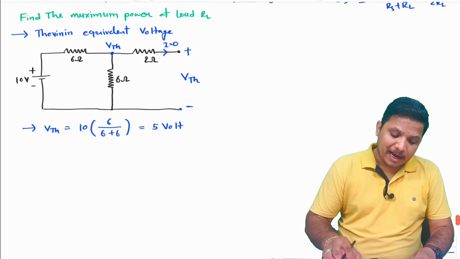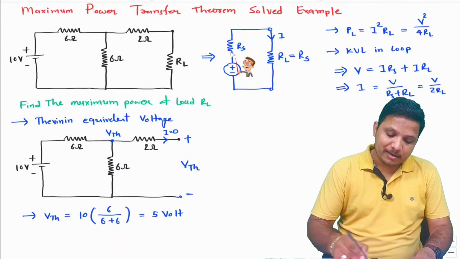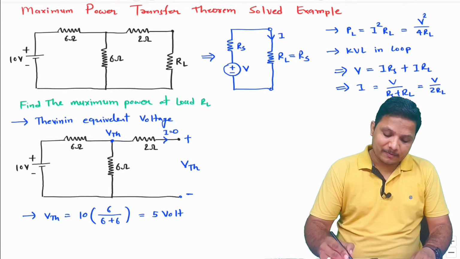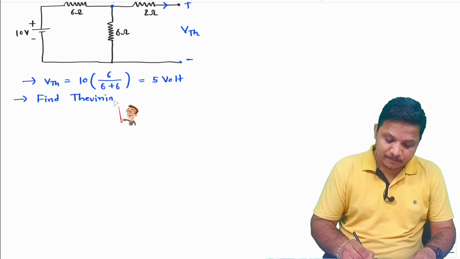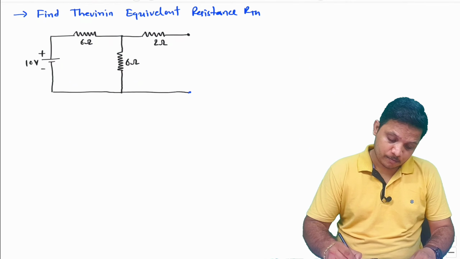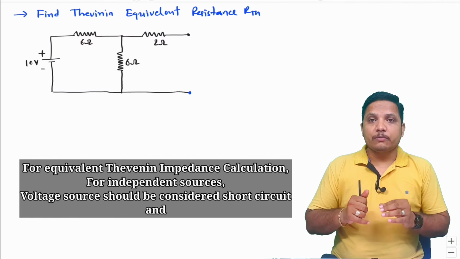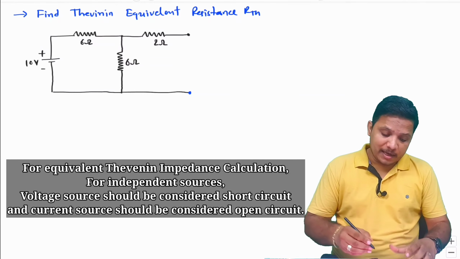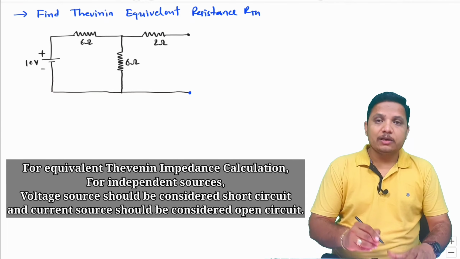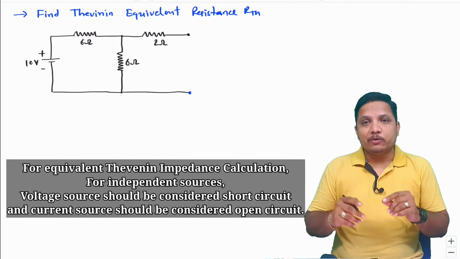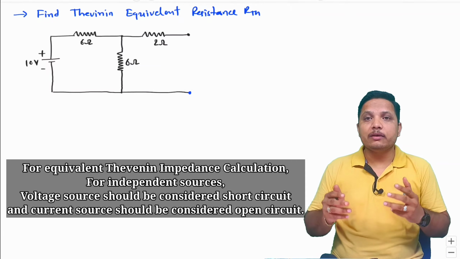Now we will identify Thevenin's equivalent resistance for this network, and here it will be Rs. When you want to find Thevenin's equivalent resistance with an independent source, here we have an independent source, a constant 10 volts. For an independent source, we need to replace the voltage source with a short circuit and the current source with an open circuit.